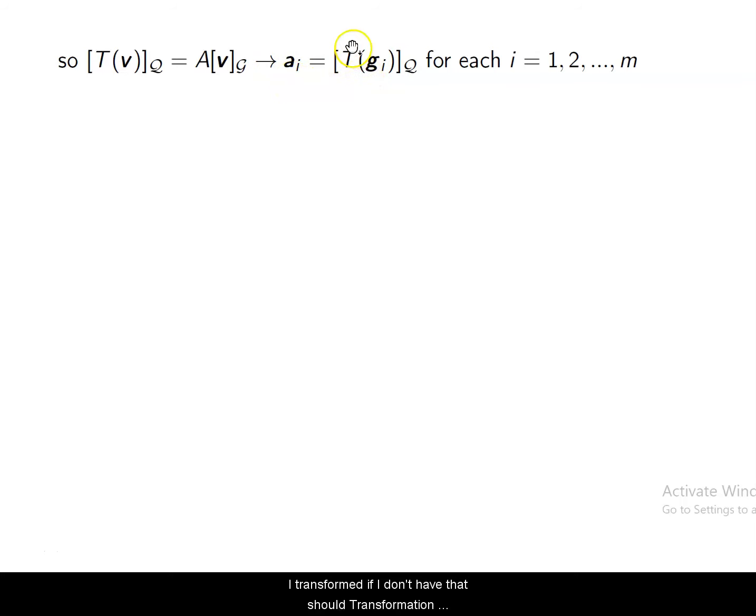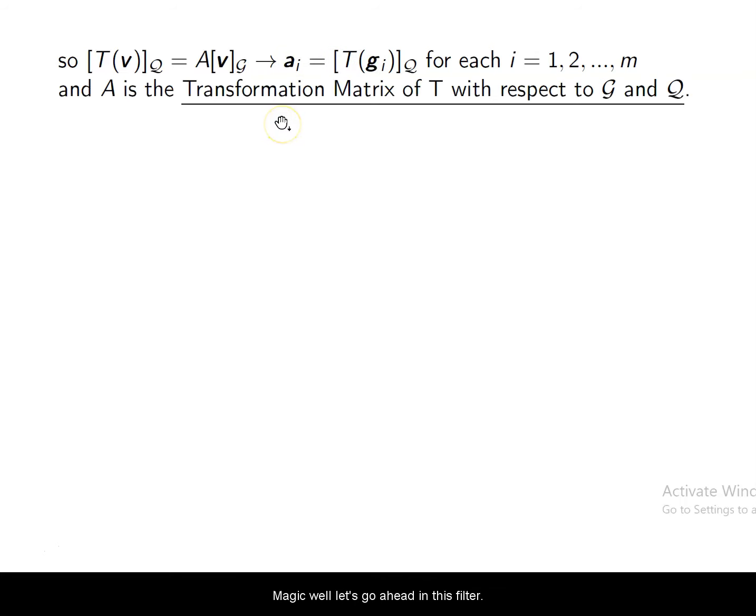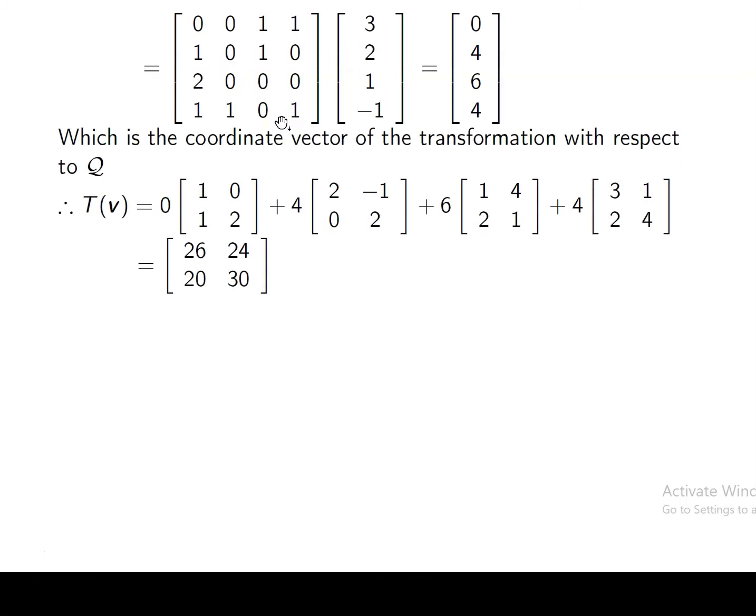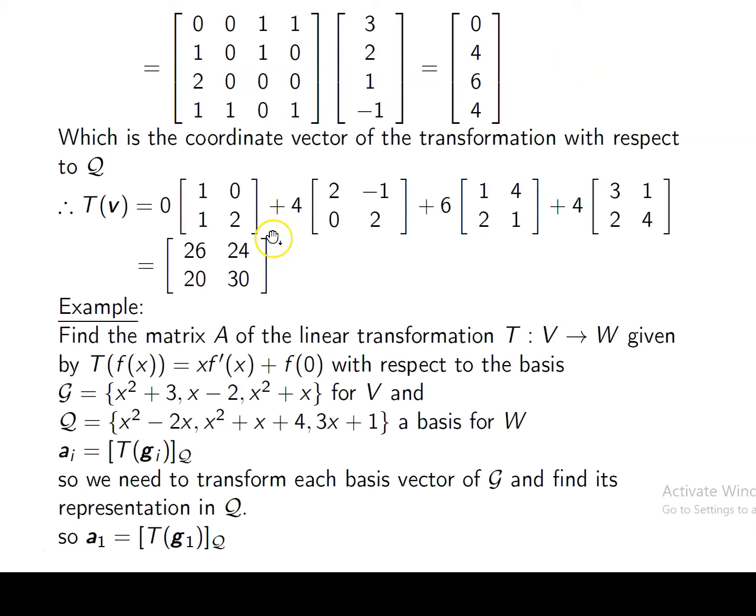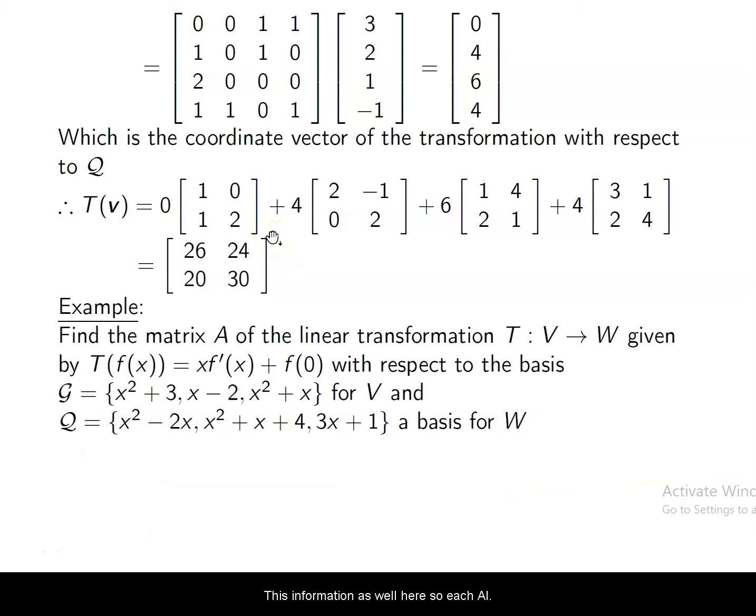Now you might be saying, well, how do I transform it if I don't have the actual transformation matrix? Well, let's go through this, right? I'm sure I repeated this information as well because I'm trying to be very thorough here. So each Ai is the transformation of G in terms of this. I have my transformation, I just don't have the matrix for it.